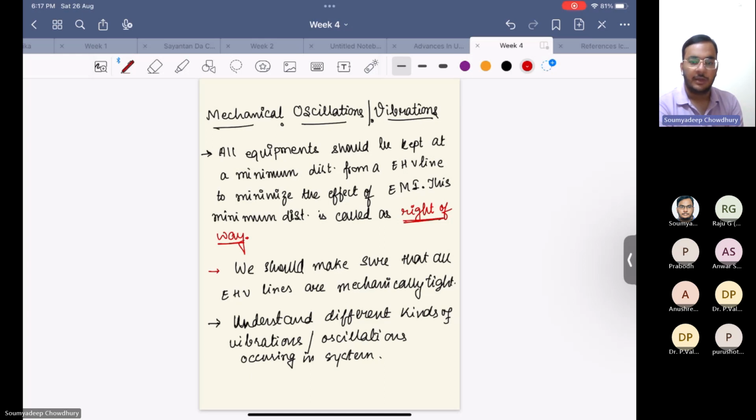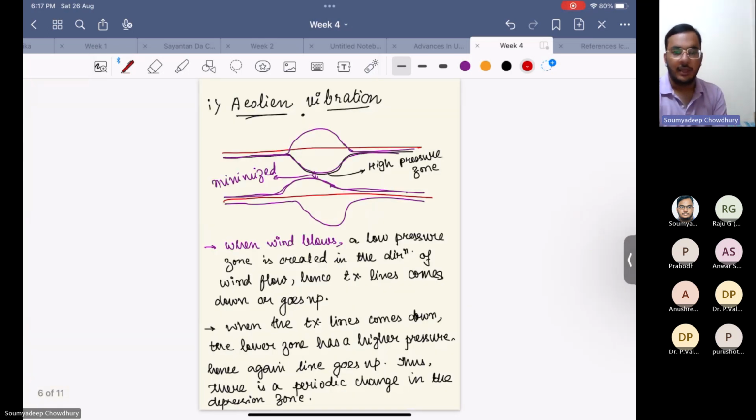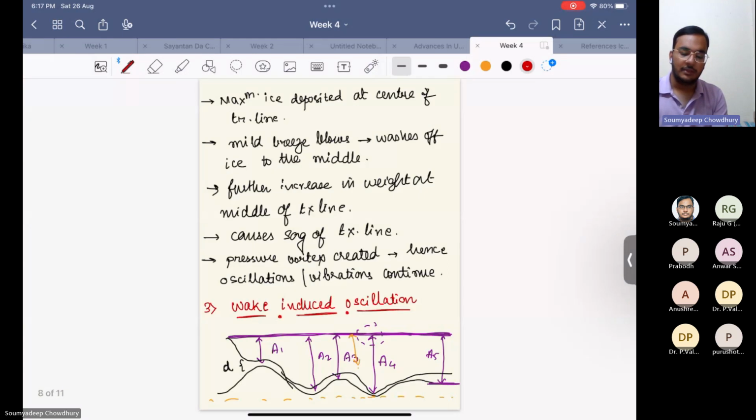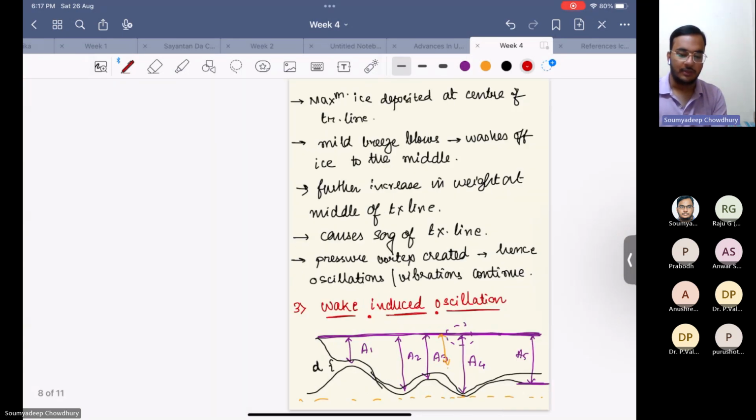Apart from this right of way, we should also make sure that all the EHV lines, the extra high voltage and ultra high voltage lines, are mechanically tight. In order to maintain that and make sure all transmission lines are tight and taut, we need to understand the different kinds of vibrations and oscillations occurring in the system, right? Basically we have three kinds of vibrations: the aeolian vibration, then the galloping vibrations, and then the wake induced oscillations or vibrations.